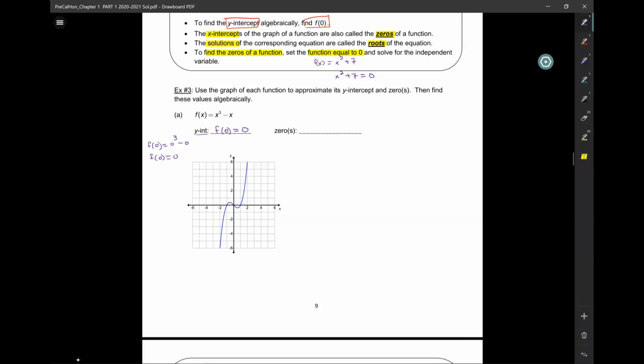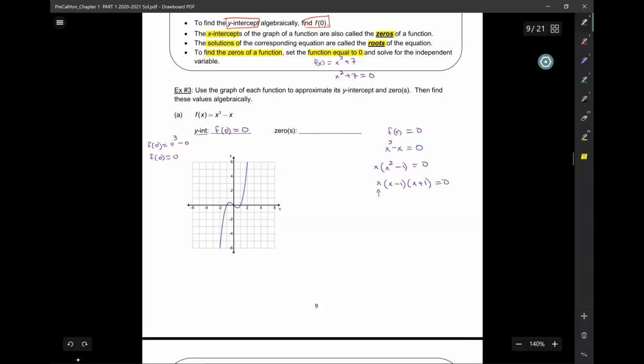How about the zeros? The zeros are where it hits the x-axis. So we're going to take f of x and set it equal to 0. Do you see how it's a different concept? This means if f of x is x cubed minus x, that's what I set to 0. Factor out an x, I get x squared minus 1. Factor some more, x minus 1, x plus 1 equal to 0.